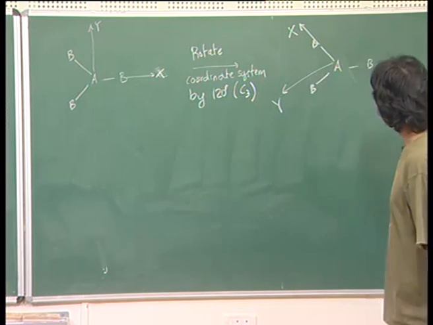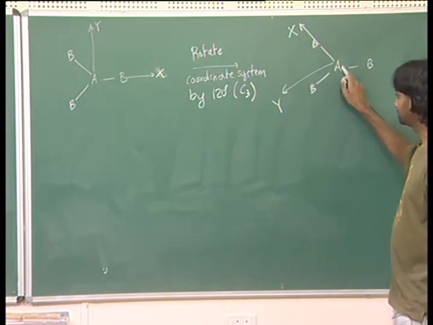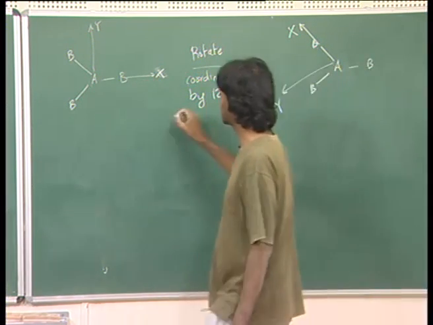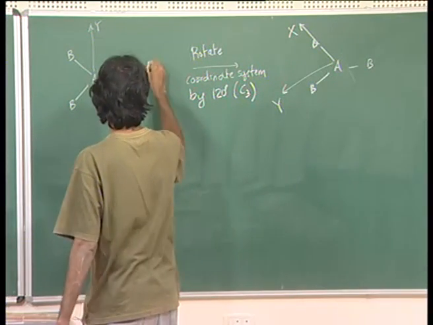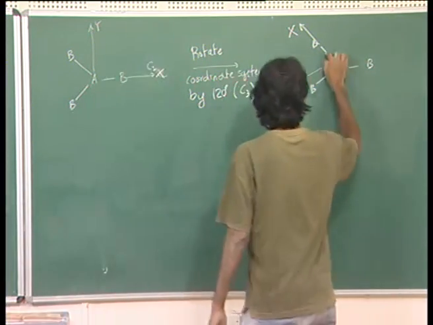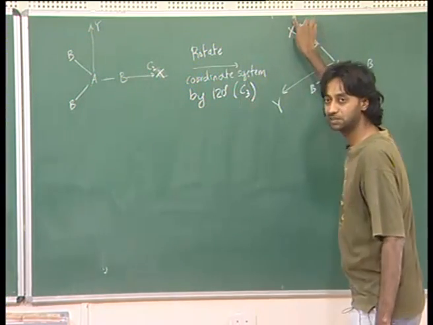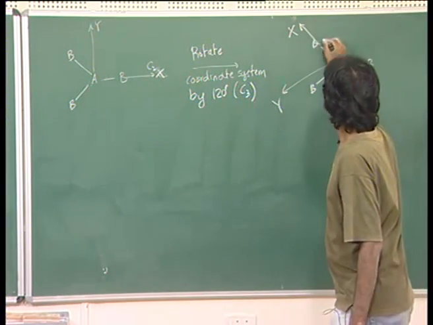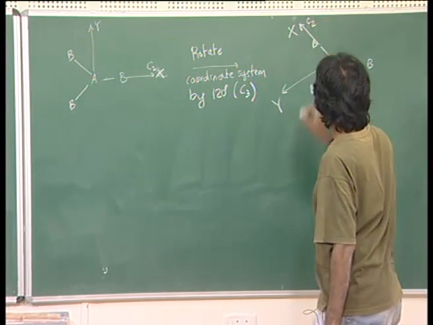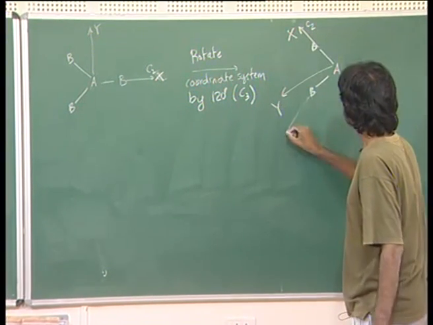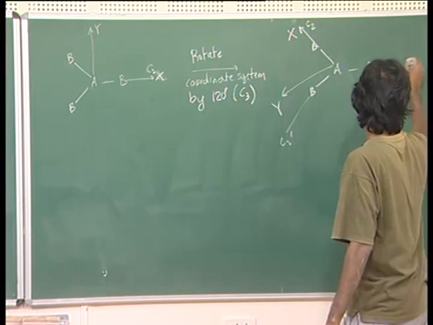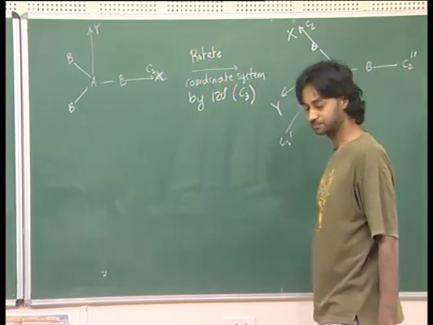So, now when I do this, initially I had said that my C2 axis points along the x axis. So now what was C2 prime initially becomes C2. So this becomes my new C2, this becomes my new C2 prime, and this becomes my new C2 double prime.